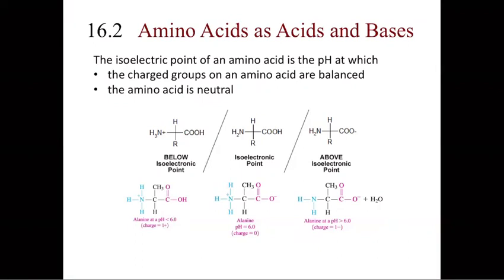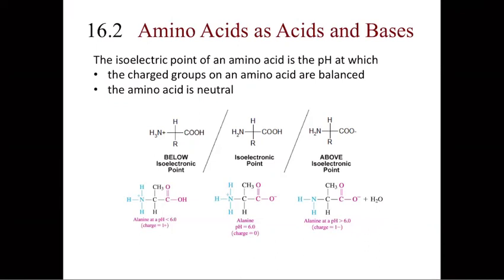Now, let's understand that for every amino acid, we have what is called the isoelectric point. The isoelectric point can be calculated, but I'm not going to illustrate in this class how to do the calculation, because that requires an understanding of acids and bases that we didn't discuss in chapter 10.